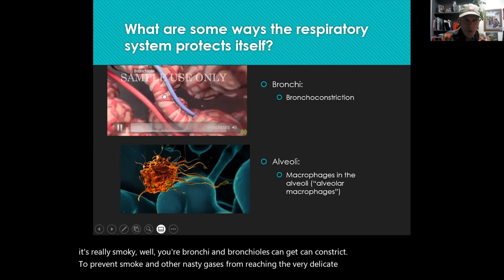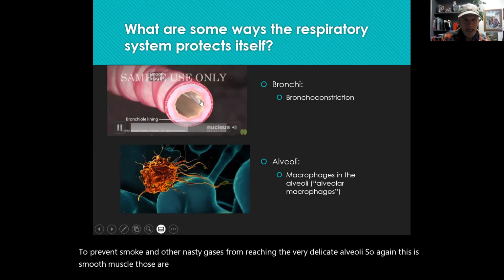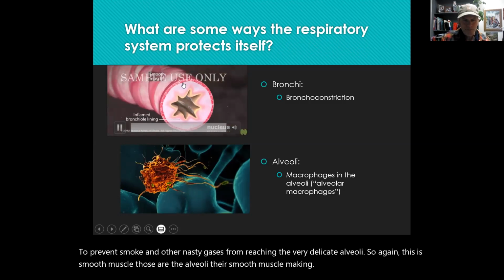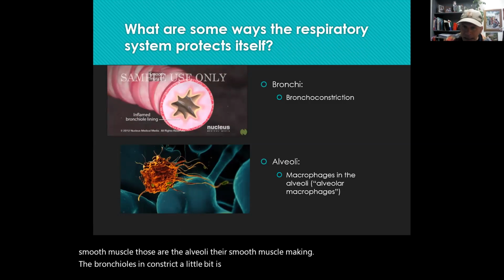So again, this is smooth muscle making the bronchi constrict. A little bit of bronchoconstriction is okay, but you'll see that sometimes it's excessive.